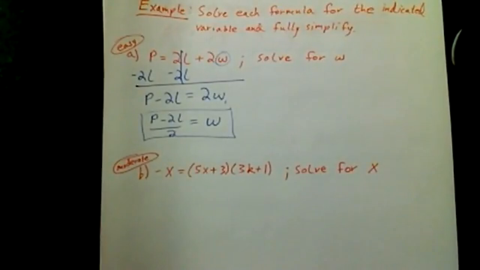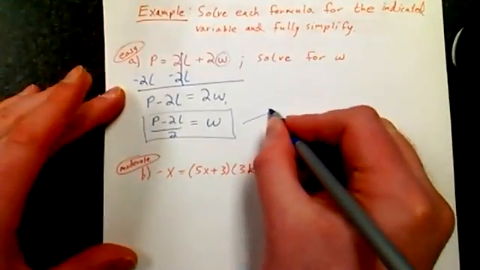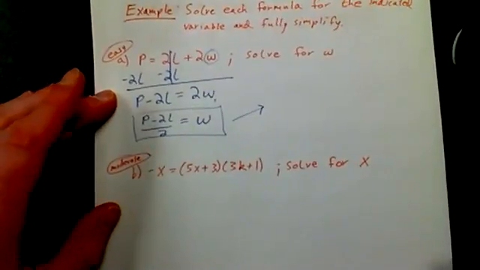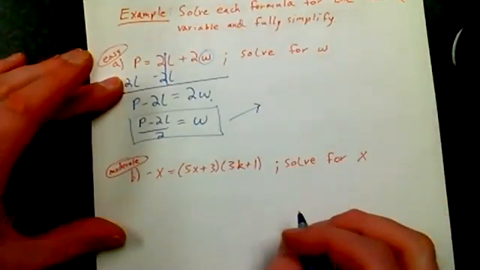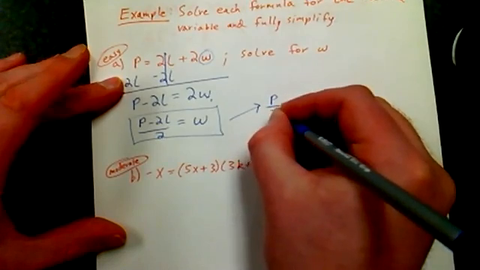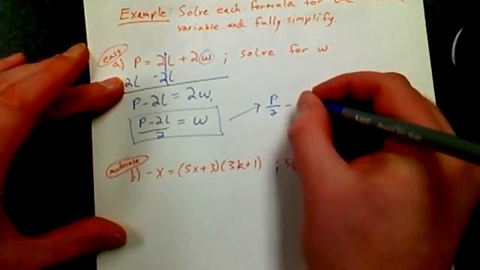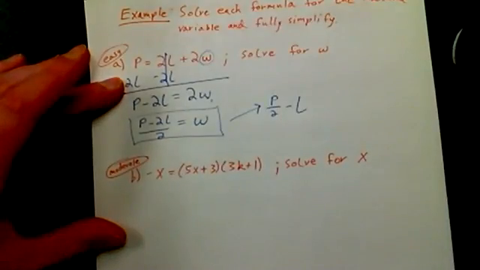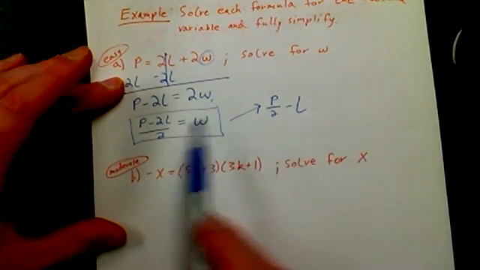So not too bad. Now, you might see it in a different form. If you were to look this up in the back of the book, it might say something like P over 2 minus L, okay? Do you understand why these two things are the same?